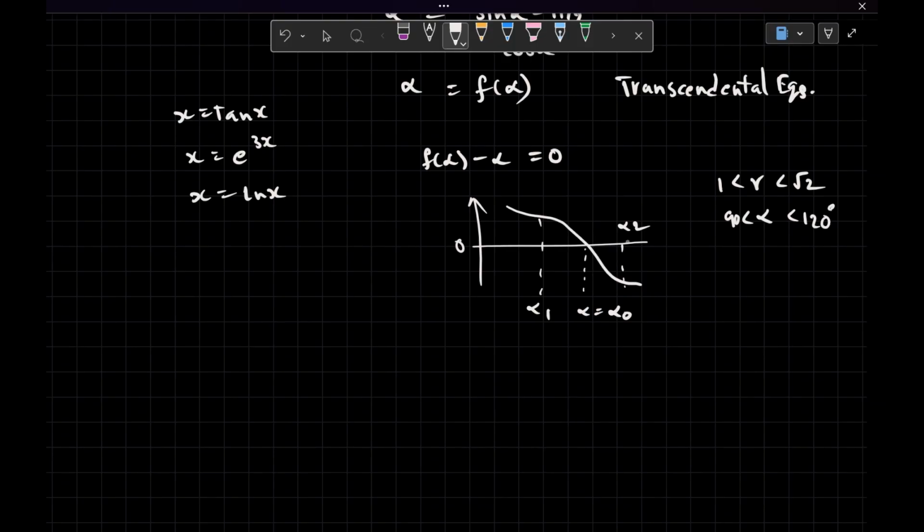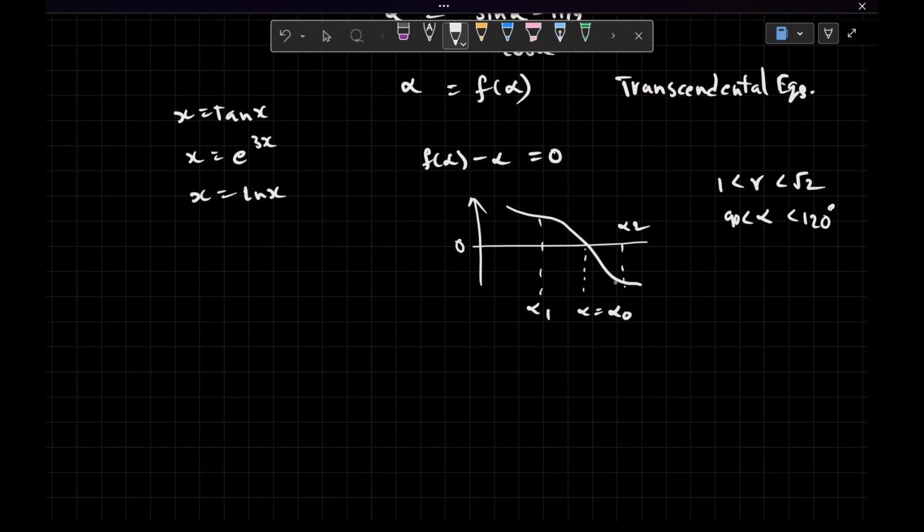Once you know these things, the next step is that the bisection method is actually an iteration method. Once you start with two values, you should guarantee that the output of those values is one positive and one negative, that is, one above 0 and one below 0.